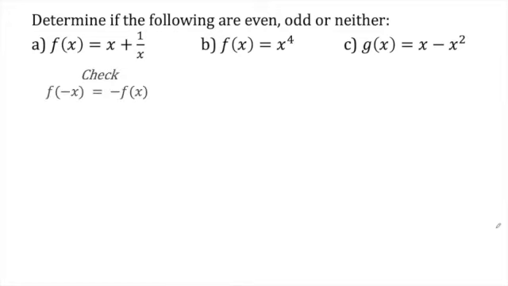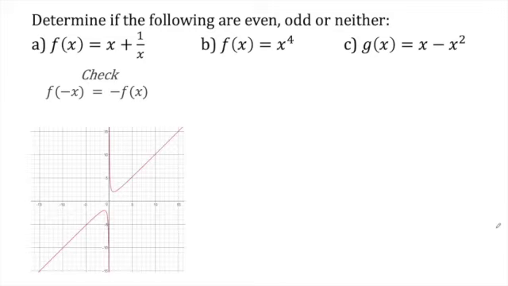Okay, so for this example, you're going to check f of negative x equals negative f of x, and this is what the graph on Desmos would give you if you graphed x plus 1 over x. So you can see if this is negative 1, 2 here, it is positive 2 here, so you have the opposite there, so it is going to be rotational, so it is an odd function.